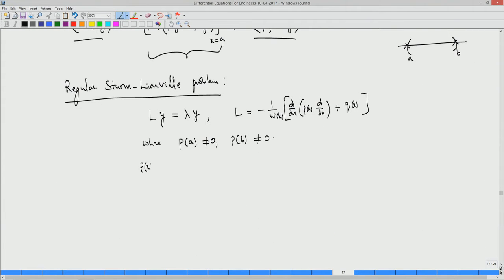P(x) is always positive for x in (A, B), and only in the open interval do you know that it is non-zero. Q can be anything; I am not imposing anything. W(x) we assume is also positive.